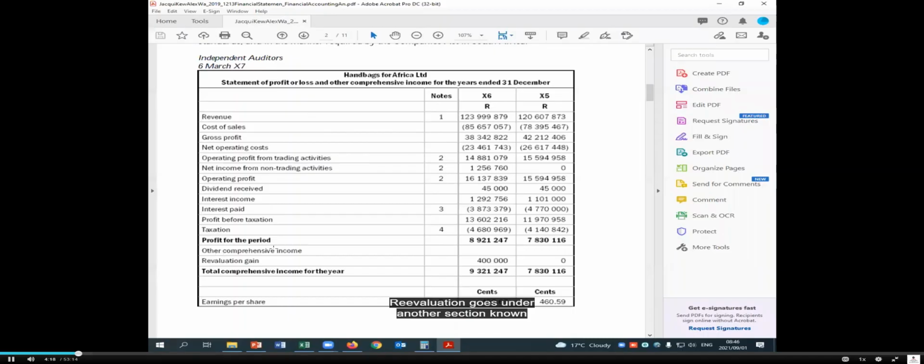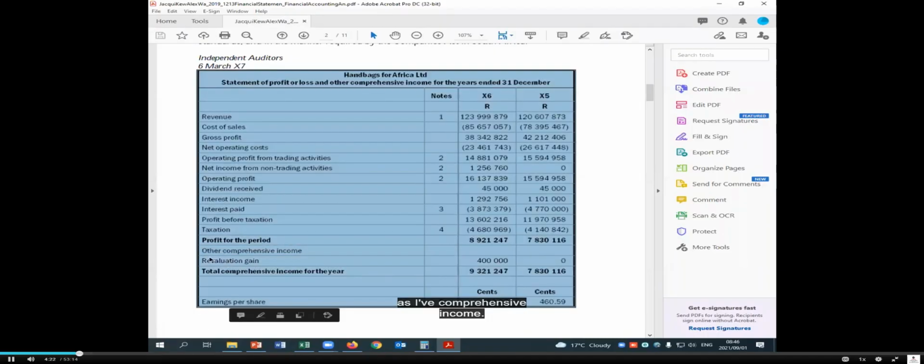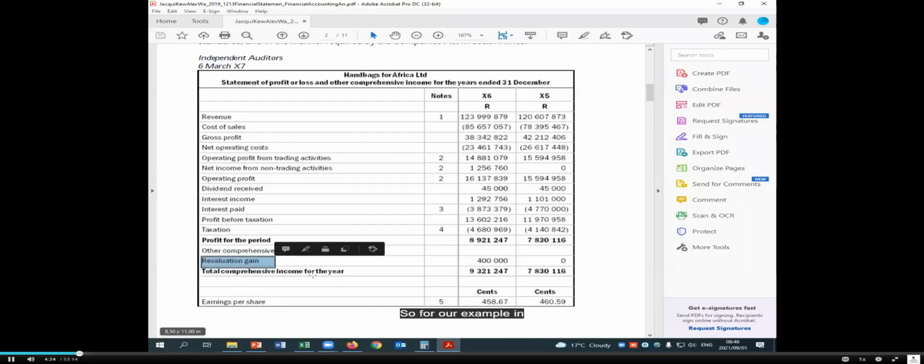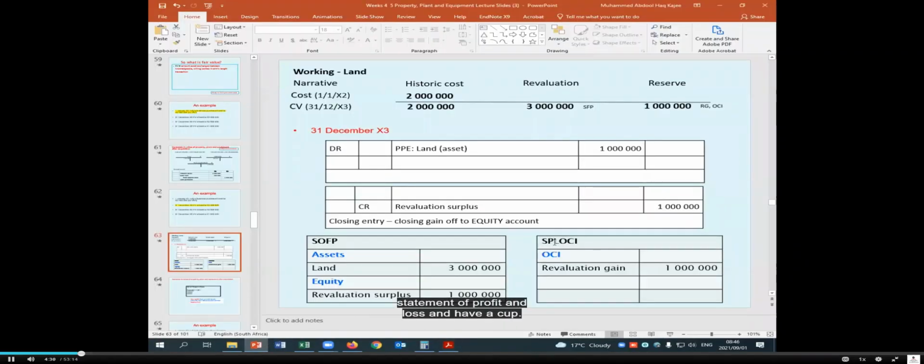Revaluation goes under another section known as other comprehensive income. Right, so you'll see the revaluation. So for our example, in the statement of comprehensive income, statement of profit and loss and other, that's what this stands for. Under other comprehensive income, you'll see the revaluation gain of 1 million.